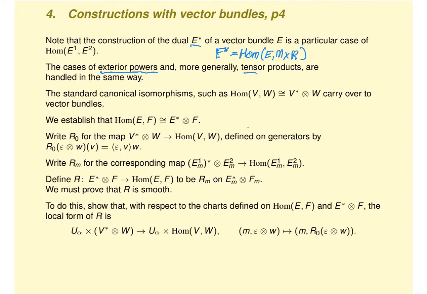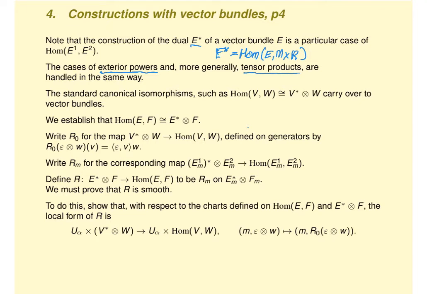Tensor products, any of the standard algebraic constructions will go through. I should mention, since I'm talking about all or almost all things going through very quickly, one thing that you do need to be careful with is quotients. And I'll talk about that in a different context later on. So that's one thing that needs care. But virtually everything else does go fibre-wise to arbitrary vector bundles.